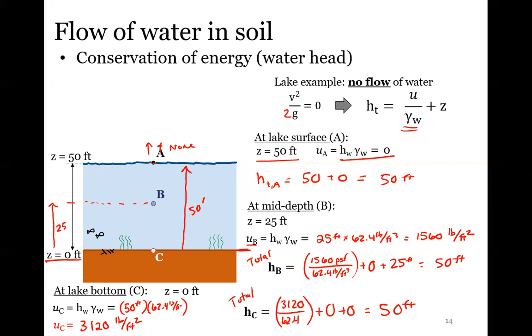So this is really just to show you mathematically how each one of these three contributing factors plays a role. In this simple lake case where we know there's no flow, and the total head stays the same, we can still see Bernoulli's equation applies for all of this.